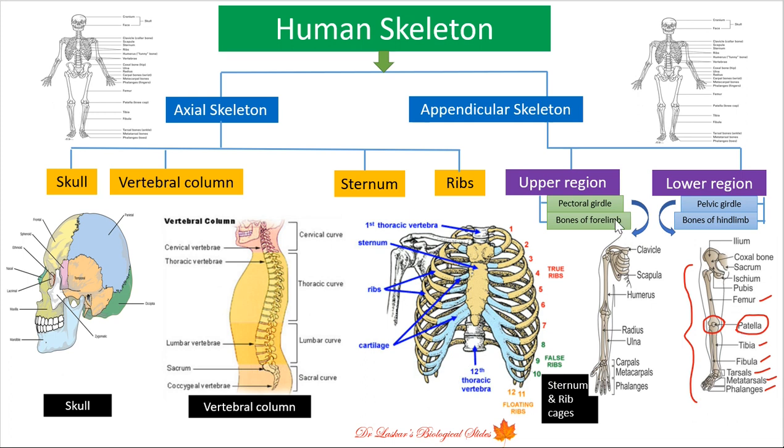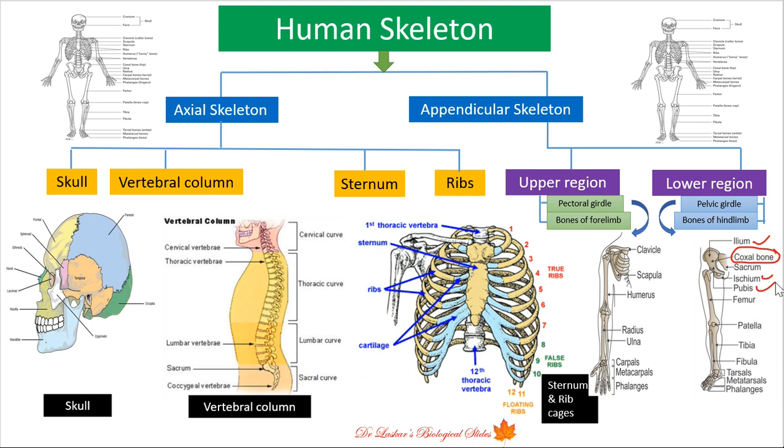So this is the pectoral girdle, but before that we need to know about the pelvic girdle. In the lower part, each half of the pelvic girdle consists of coxal or hip bone. Each coxal bone is formed by the fusion of three bones: ilium, ischium and pubis.